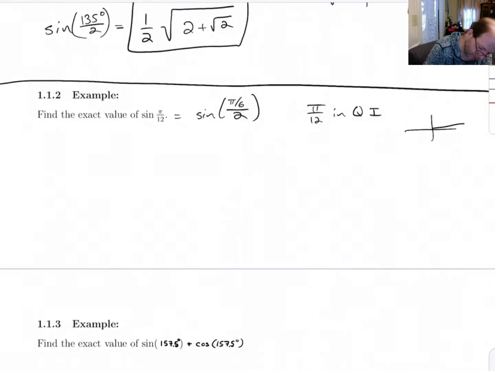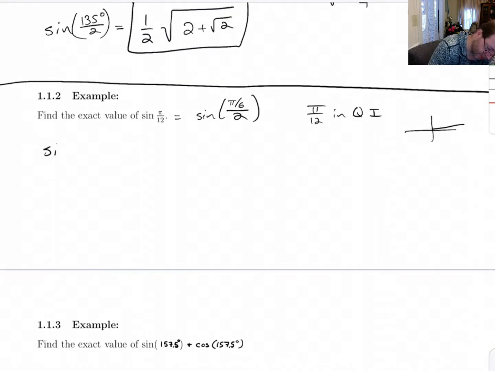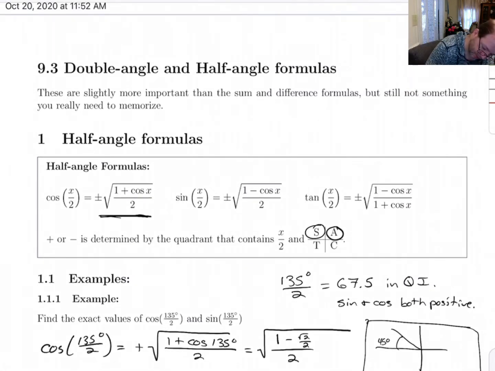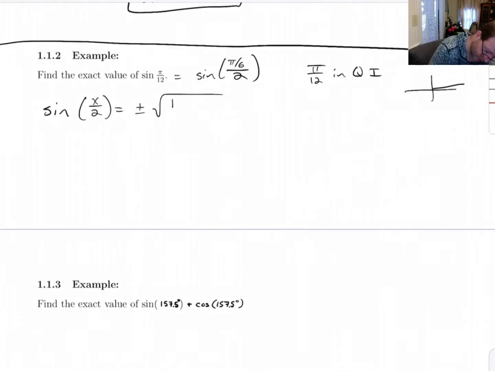Our formula says sine of x over 2 is plus or minus the square root of 1, for sine it's minus cosine x, over 2.